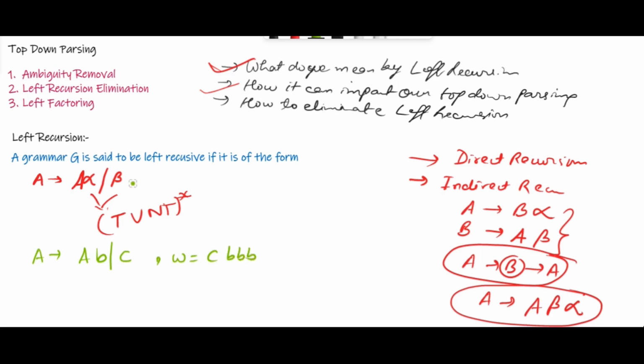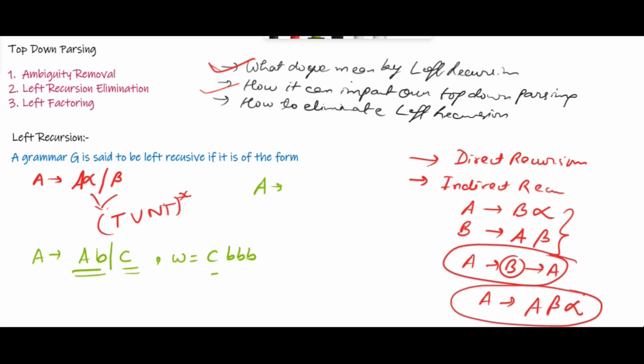Now, when the top-down parser starts processing, it starts with the start symbol, then goes to the right side of the production. Here it has two choices. One is AB and another is C. Let's suppose it applies C here.